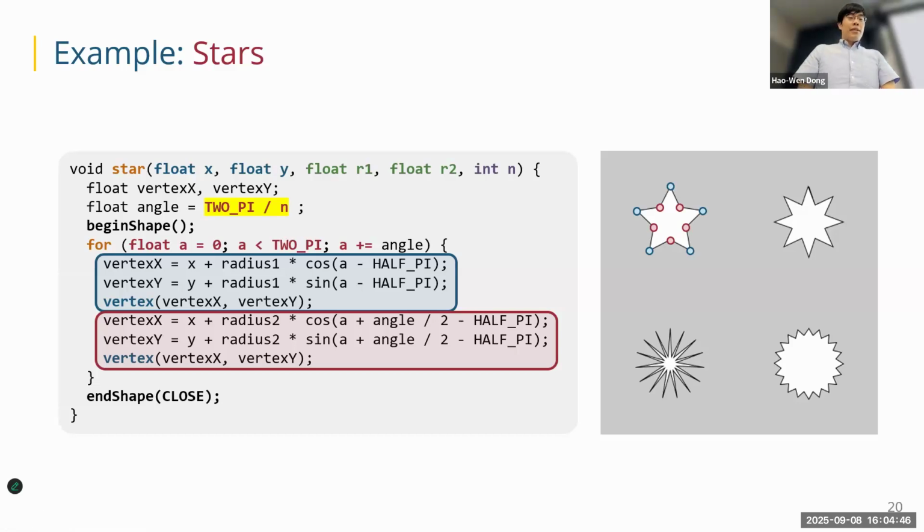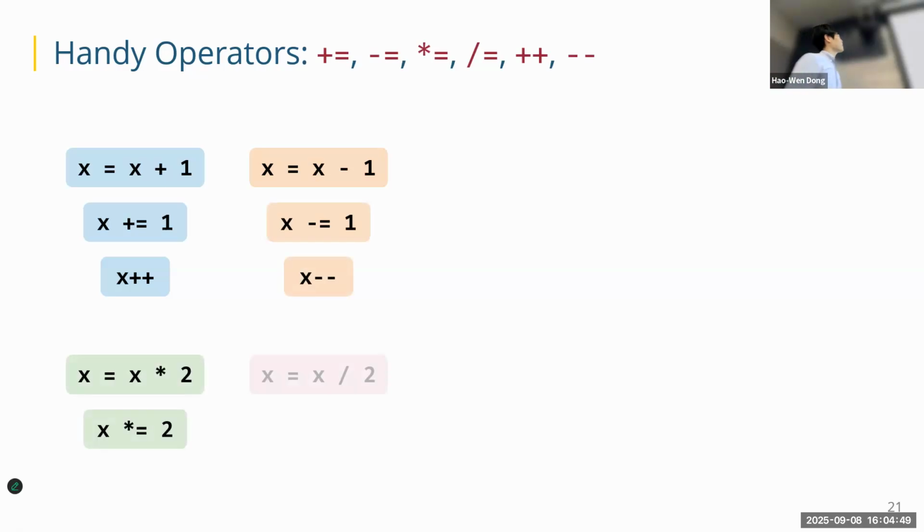So as I said, there are these handy operators. x equal to x plus 1 is the same as x plus equal 1, or you can do x plus plus. That's also like C and C plus plus. So x plus plus is the same as x plus equal 1.